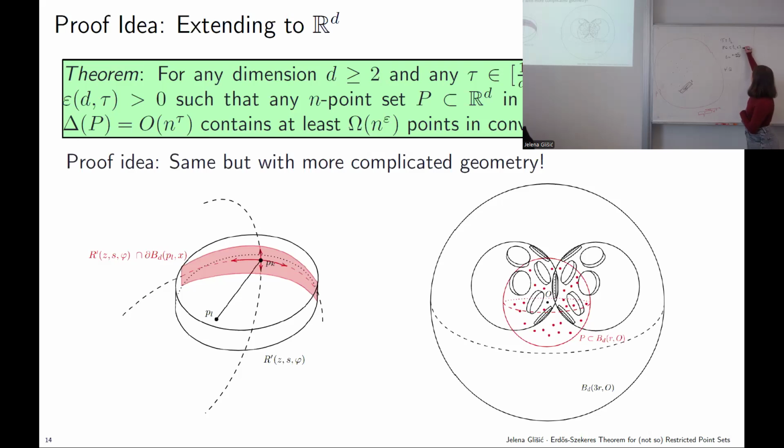Well, gamma will be something also quite big. Let's see. I don't know exactly, but it will be something like tau minus 1.